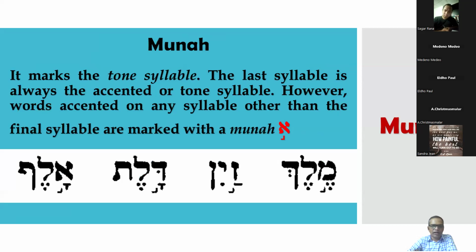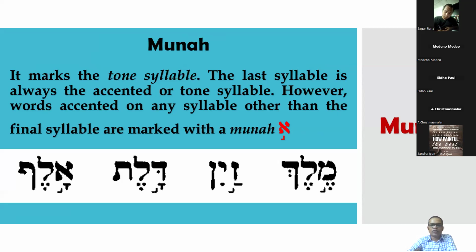But if you see munna on the first syllable or second syllable, and rarely on the last syllable, you have to understand that there is an accent given for that particular syllable.